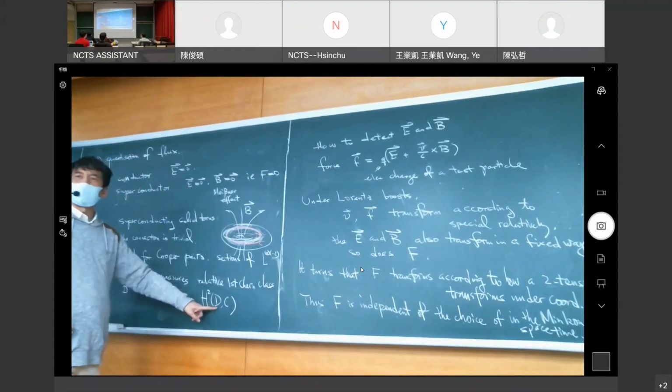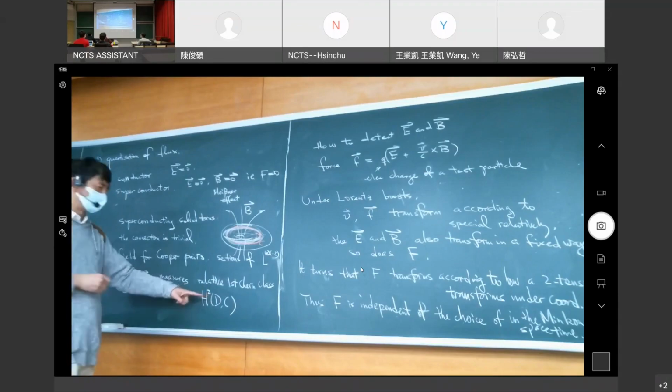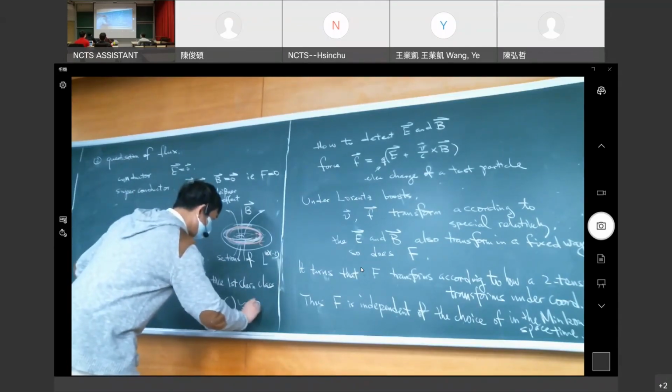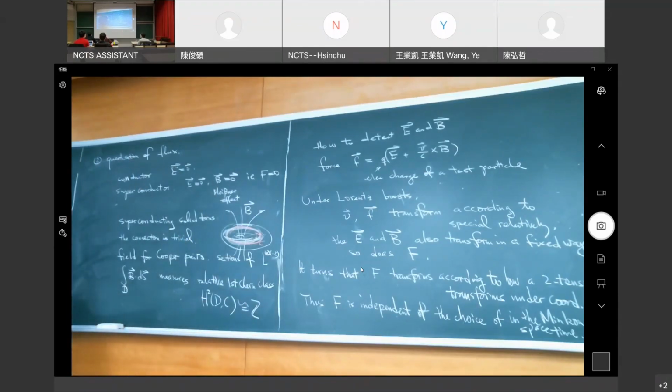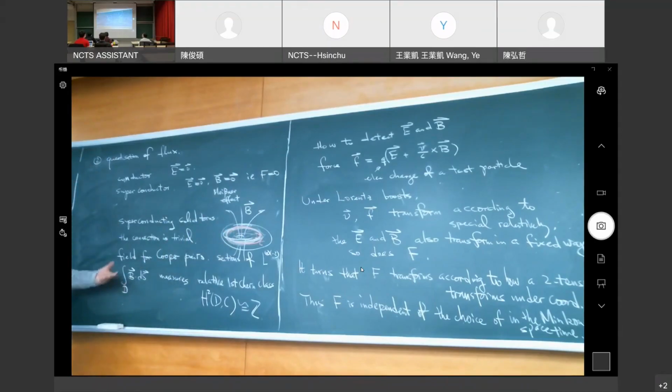So there's a relative second cohomology here, and mathematically you can compute that it is isomorphic to Z. So the integration of the curvature here should represent an integer class, and therefore this quantity is quantized.